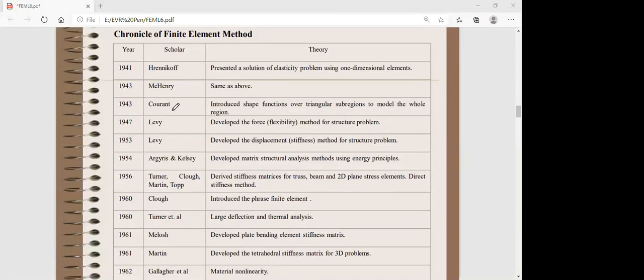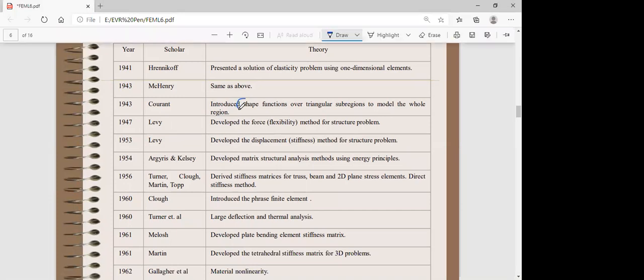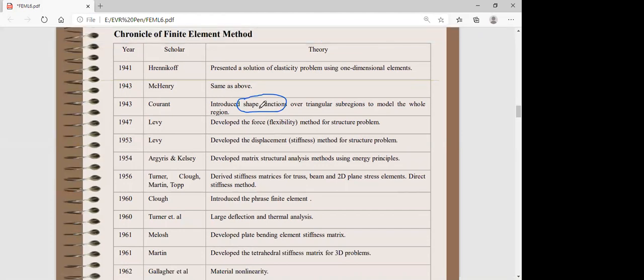In the same year, 1943, Courant introduced shape functions over triangular subregions to model the whole region. Shape functions are also known as interpolation functions. Their purpose is that in between the nodes, you can find the deformation or field variable, whichever field variable, by using these functions.